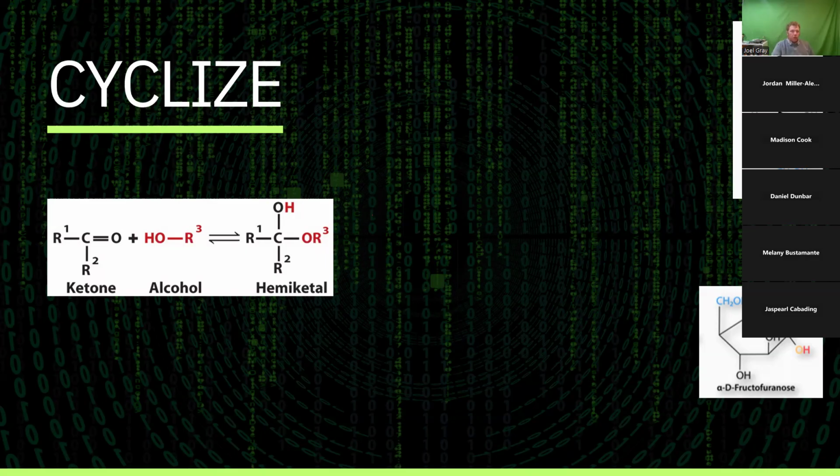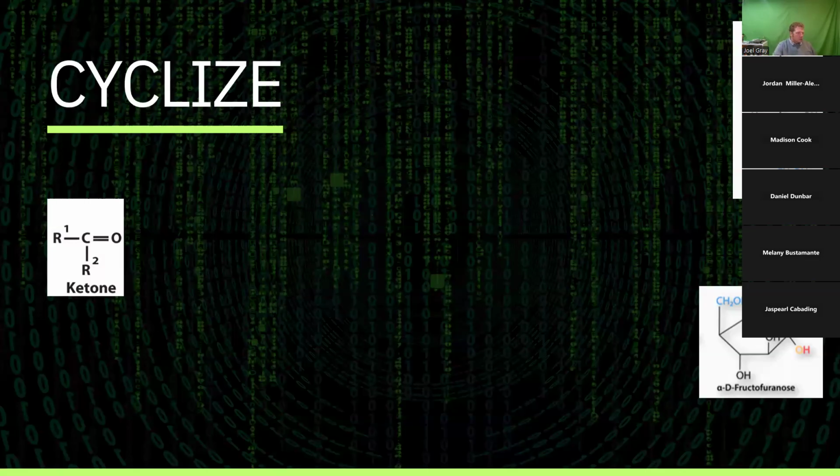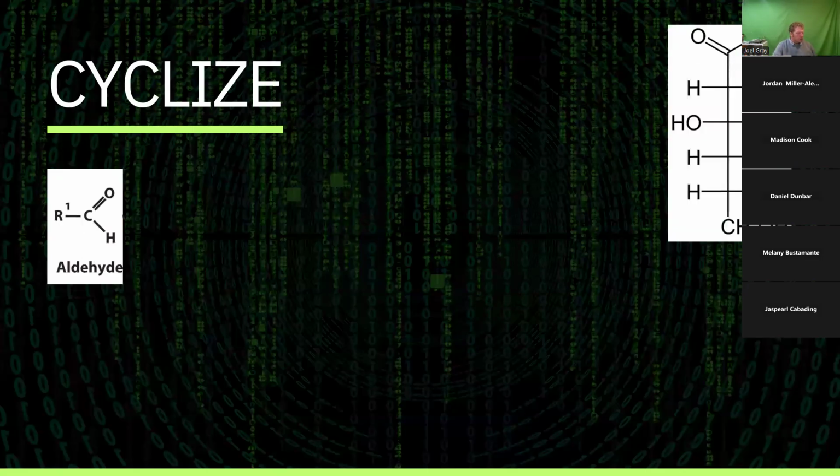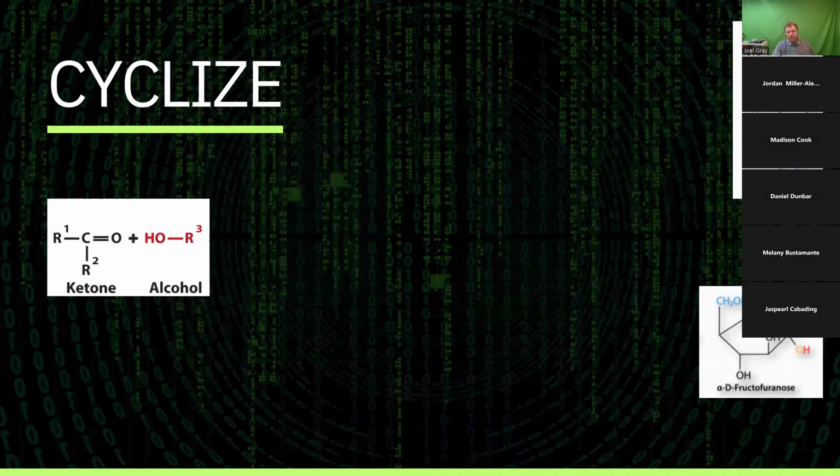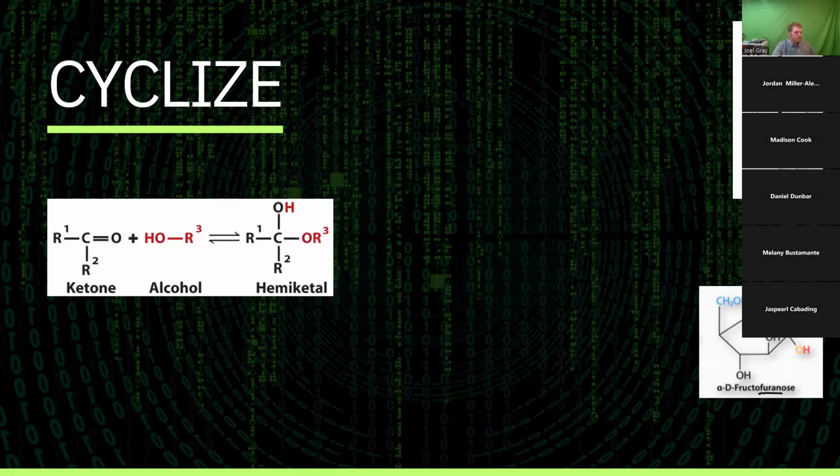They both are capable of forming larger and smaller rings respectively, but more times than not, when we talk about glucose, glucose can form a 5-membered ring. And when it does, it forms a 5-membered furan ring, whereas a 6-membered ring is a pyran.